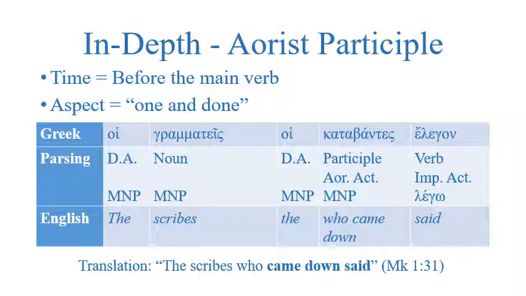And so we could translate this as the scribes who came down said. And the thing here is it's important to realize that the action came down happens entirely before the speaking. That's what the aorist is trying to get across.